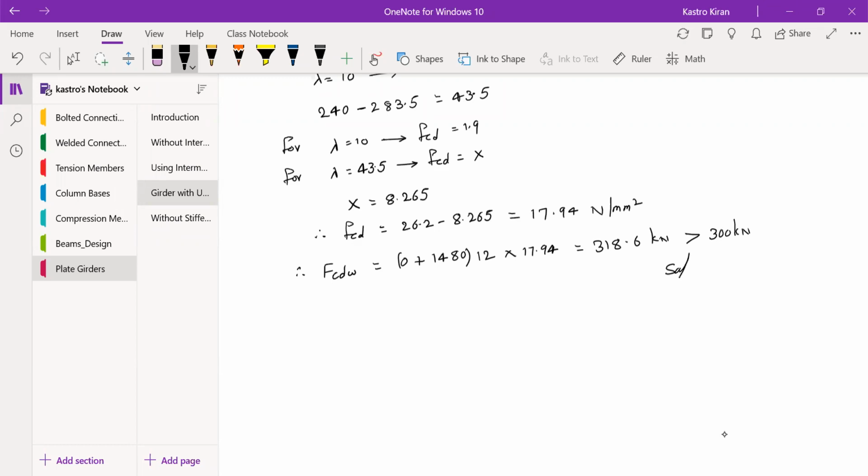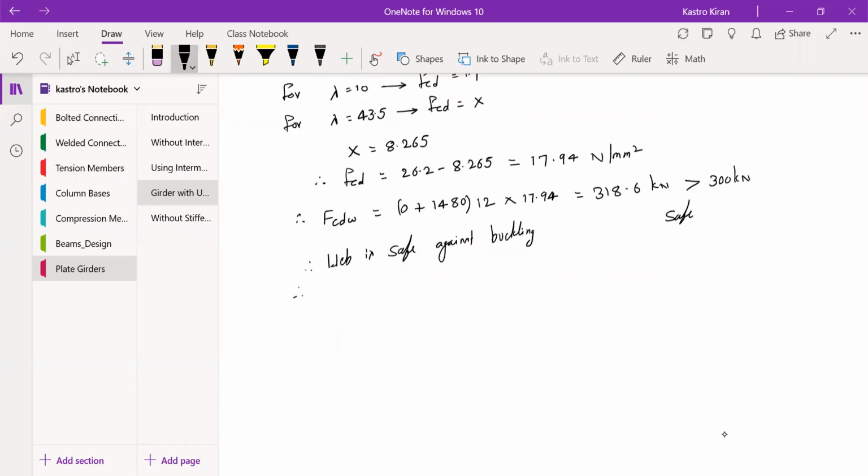So if the value of FCDW is greater than the factored concentrated load, it is termed as safe. Therefore, the web is safe against buckling. That means the web portion will not get buckled.